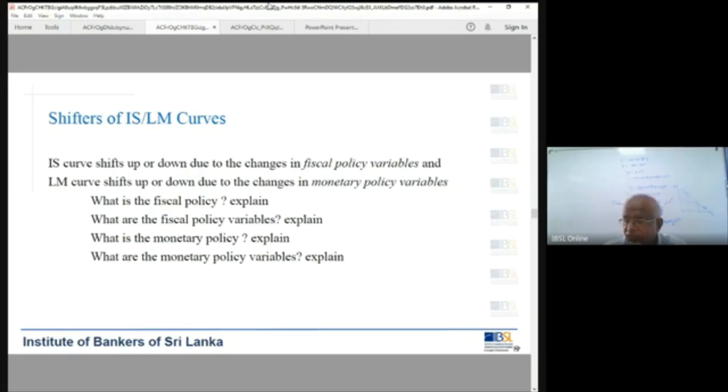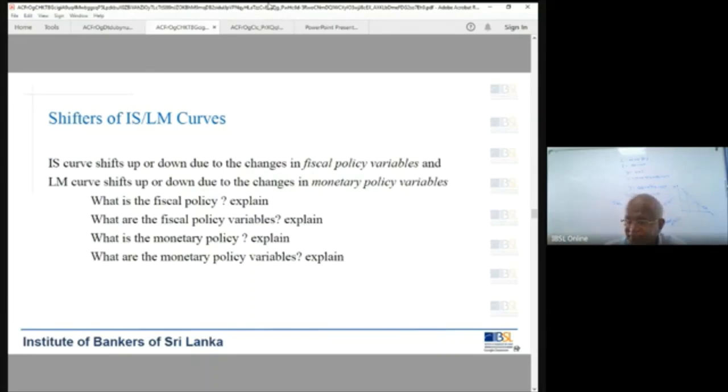What are the fiscal policy variables? Budget, government expenditure, taxes, budget deficits, financing of budget deficits. These are the policies relating to these are called fiscal policies. Right? The LM curve shifts up or down due to changes in monetary policy variables.